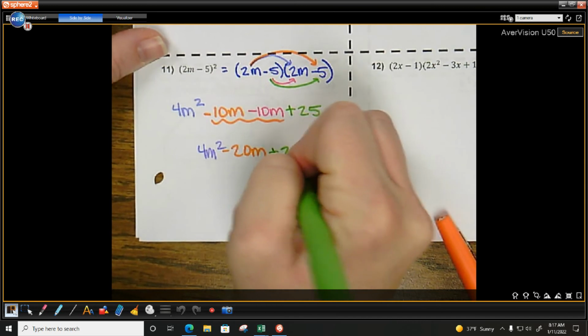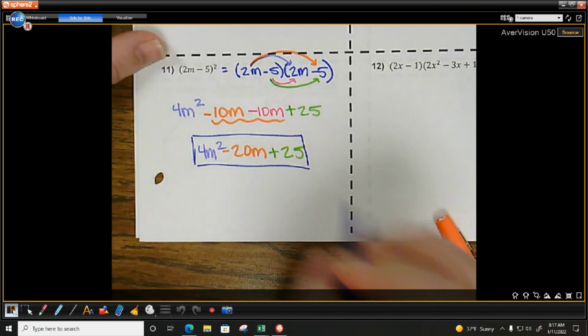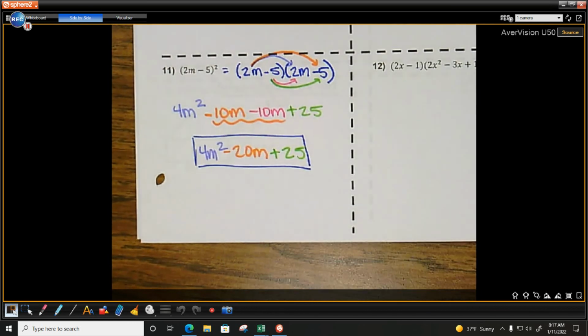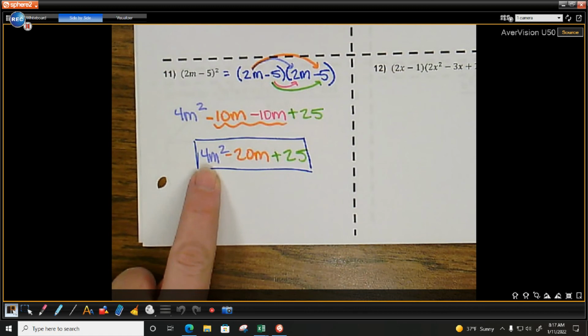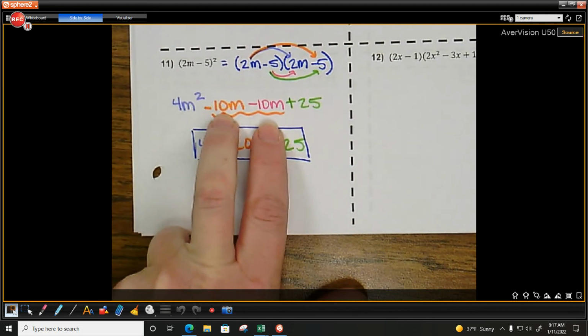Is anyone noticing kind of a pattern with most of these problems? I'm not going to say all, but most of the ones we're doing, what are we noticing the pattern is? My first term is going to be squared. My middle 2 terms are going to be like terms, and they're both just going to have the variable, and then the last term is the constant.